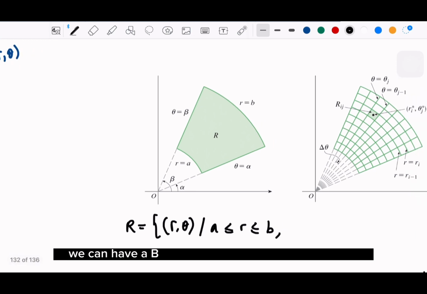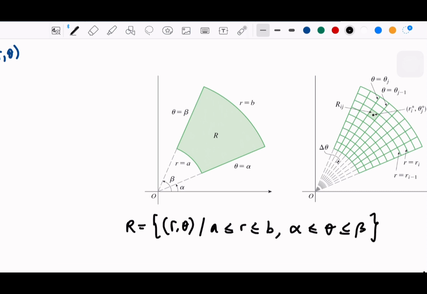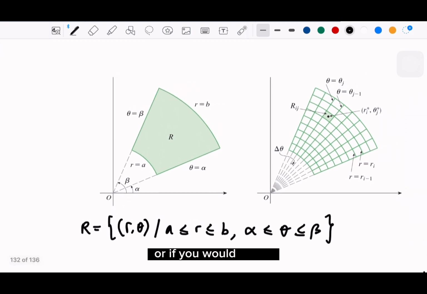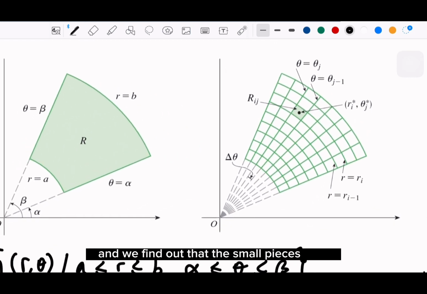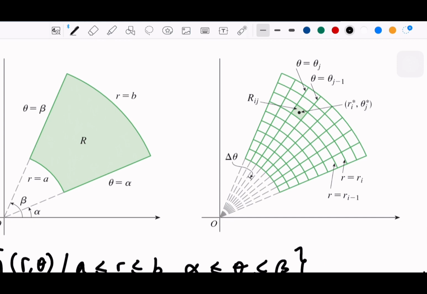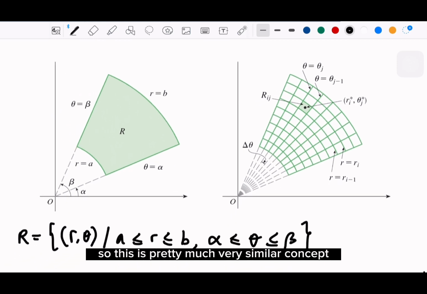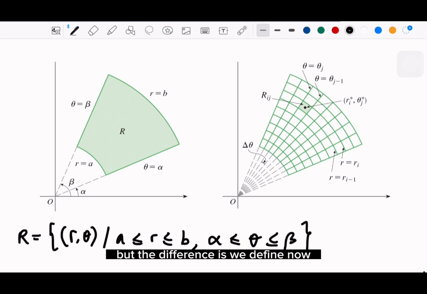We can have r from a to b, and theta from alpha to beta. If we cut it into pieces, we slice the sectors, and we find that the small pieces here are the building blocks of our integral. This is a very similar concept, but the difference is we now define it in terms of radius and theta.